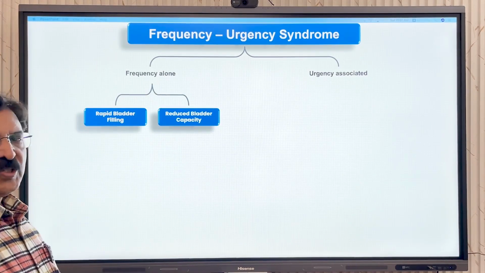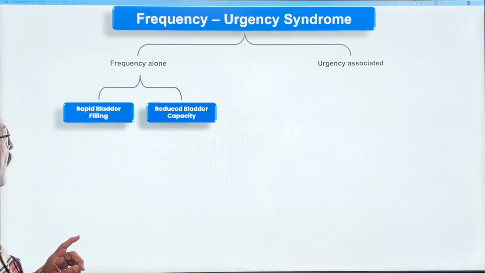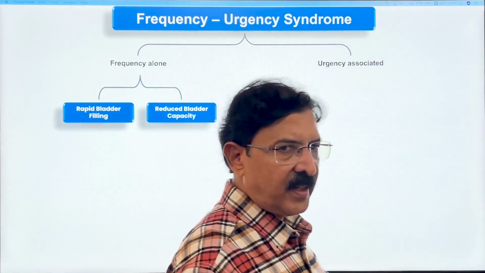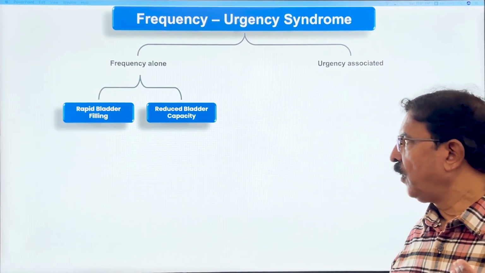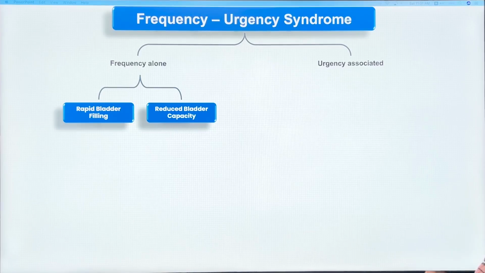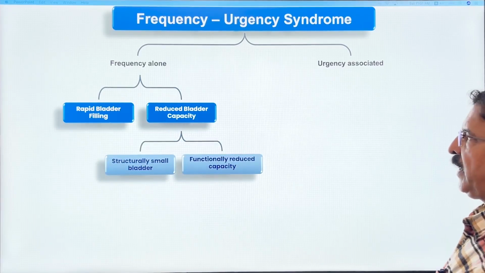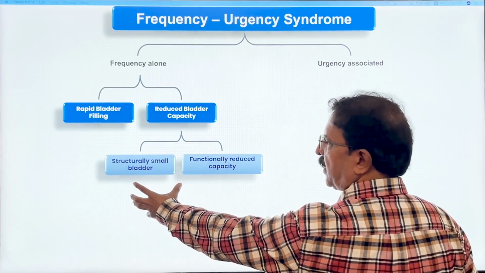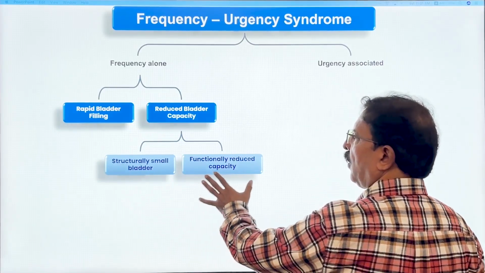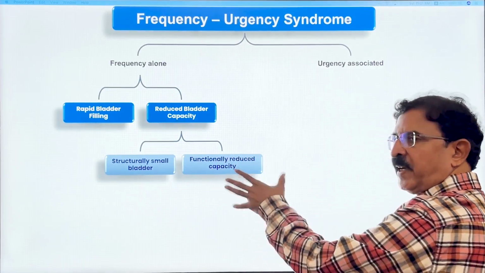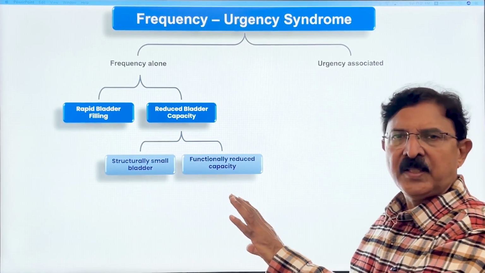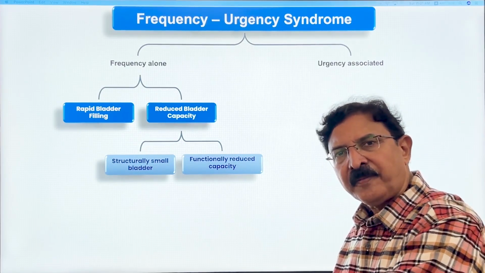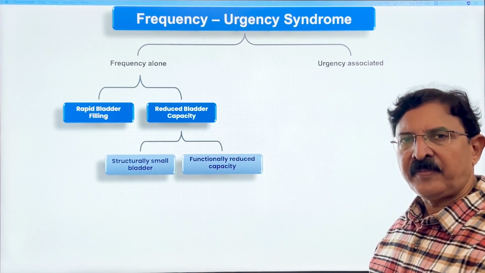If the patient has frequency alone, then this can happen on account of rapid bladder filling, or it can happen on account of a small bladder capacity. A small bladder capacity will happen either because the bladder has become actually very small, or on account of a functional reduction in the bladder capacity, which means it empties only half and half the urine is left inside the bladder.